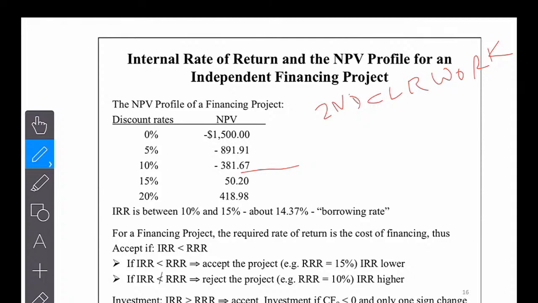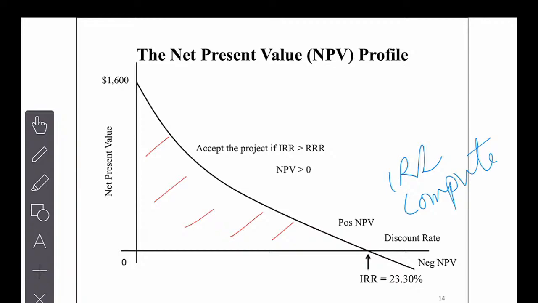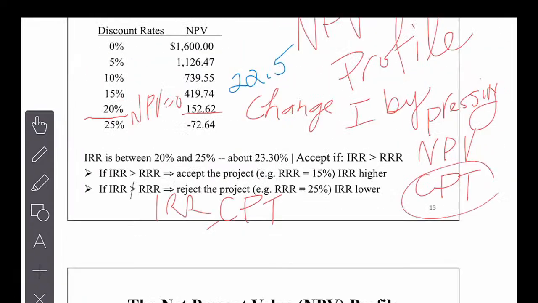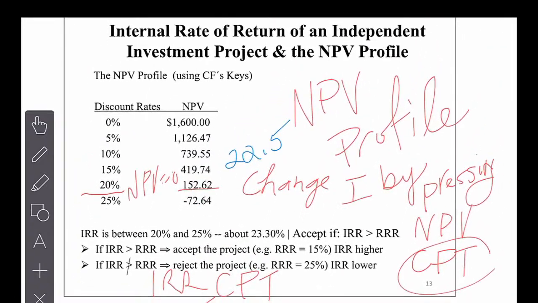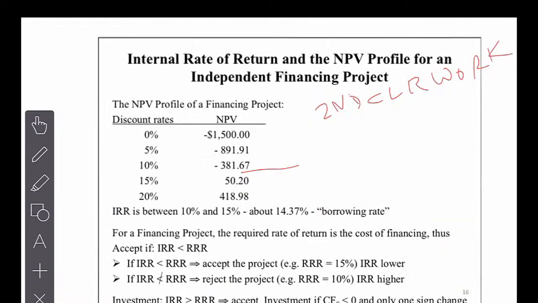Also, I'm not sure what negative 1.42 means. So if you enter these cash flows, oops, missed a page. If you enter these cash flows, wait, where's my project?